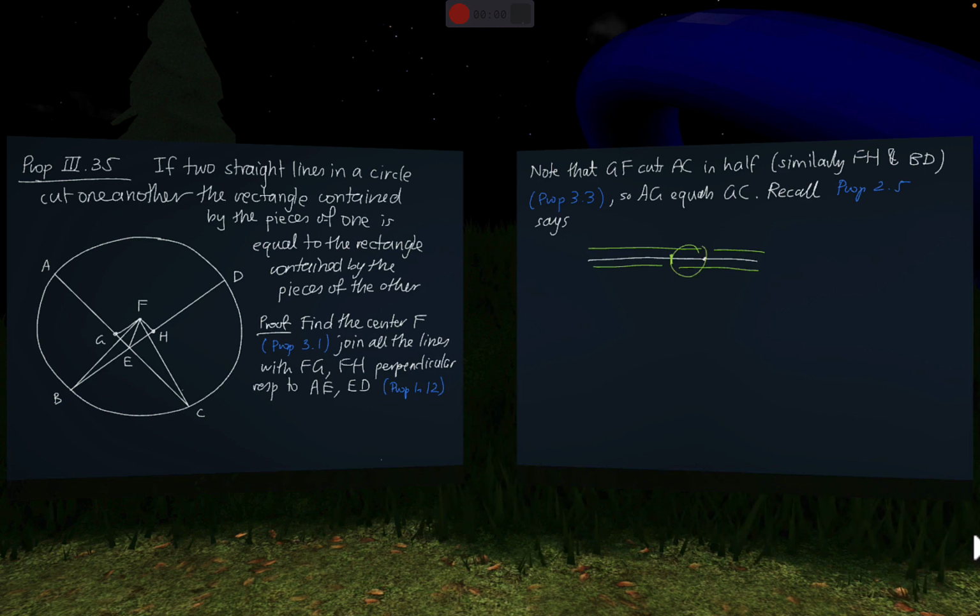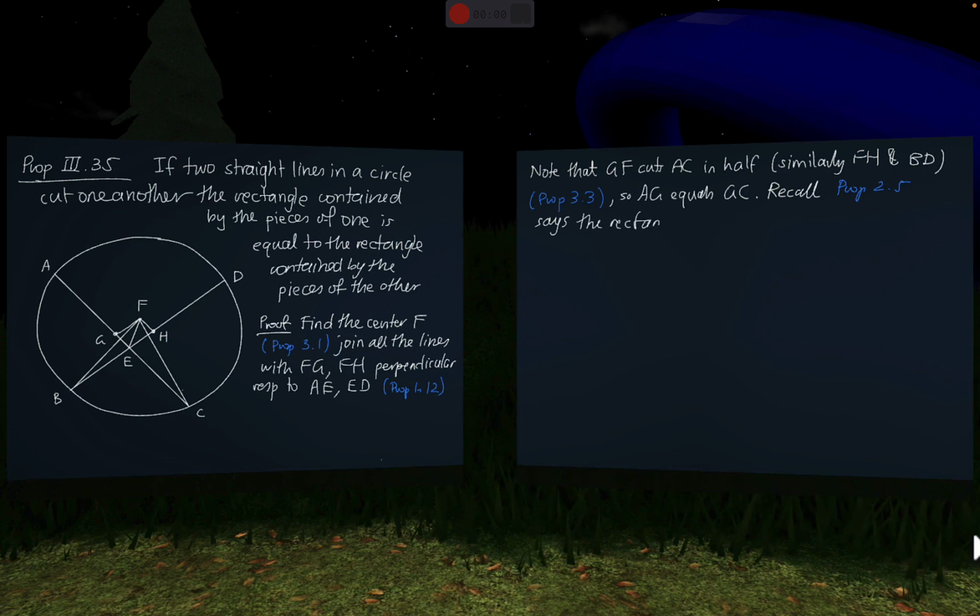So that's proposition 2.5. So what it says in this case is that AG times, I'll say it the way Euclid says it, rather than saying times.